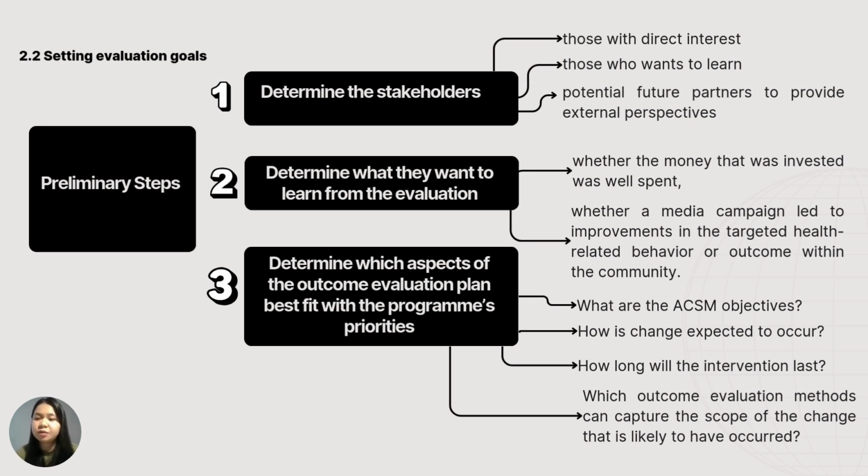How is the change expected to occur? What measurable intermediate outcomes or steps toward the desired behavior are likely to take place before the behavior change can occur? And then, the third one: how long will the intervention last? And the last one: which outcome evaluation methods can capture the scope of the change that is likely to have occurred?